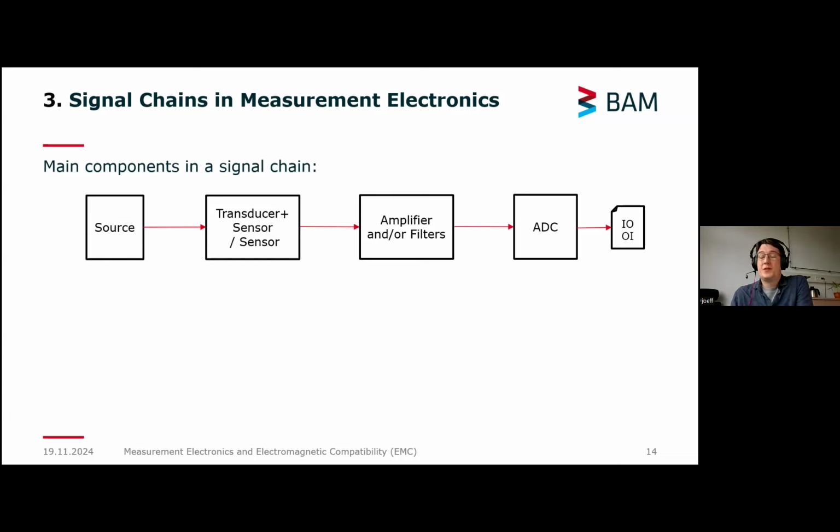And if you have a disturbance, like low frequency noise in ultrasonic sensors, for example, you mostly would use a high pass filter so you can cancel out the low frequencies. After that, you go into the analog digital converter, which is connected in one way or another to the computer or to a data acquisition system. And that would save the samples and the signal form into a bit stream or some kind of digital file.